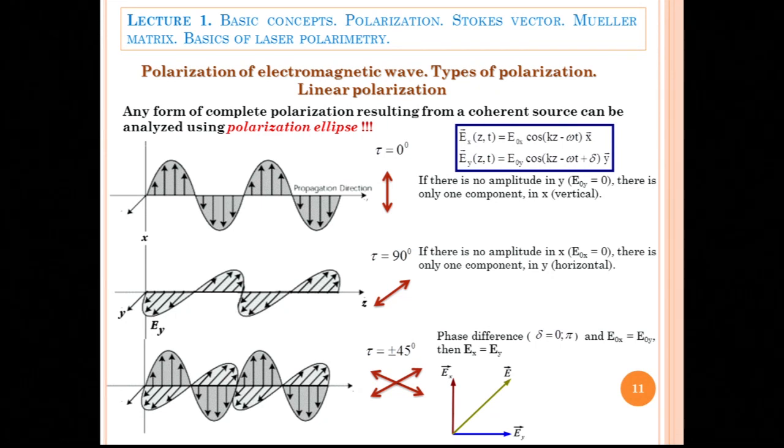For example, for these two projections, if there is no amplitude in y, this one is equal to 0, so there is only one component, x, vertical.